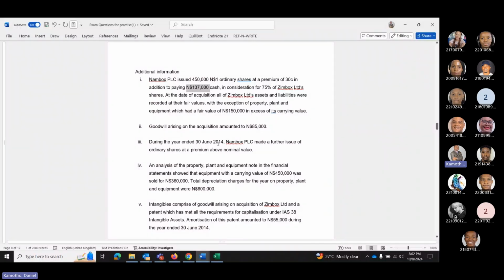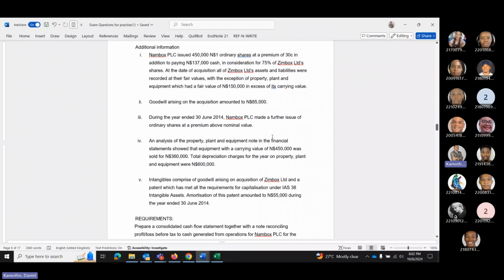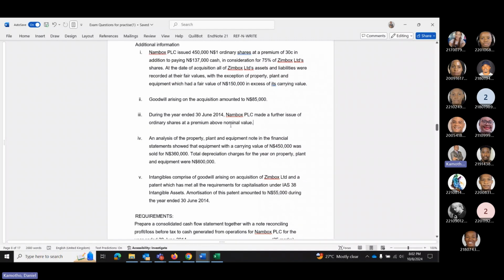During the year, we have been told Nambox made a further issue of ordinary share. So we'll determine how much that was. We don't know, but they are already recorded. That's why we have the financial statement. Then we are told an analysis of the PPE note in the financial statement showed that equipment with a carrying amount of 450 was sold for 360.